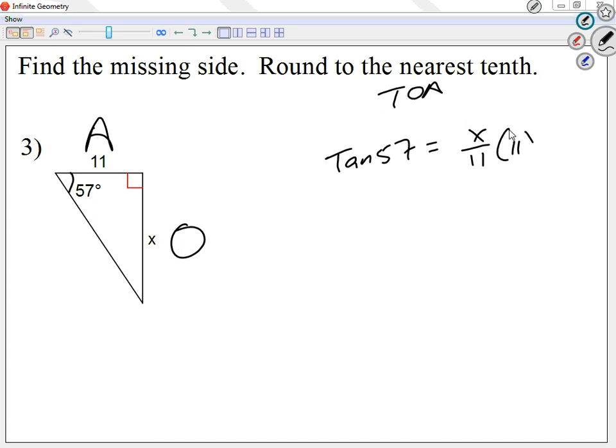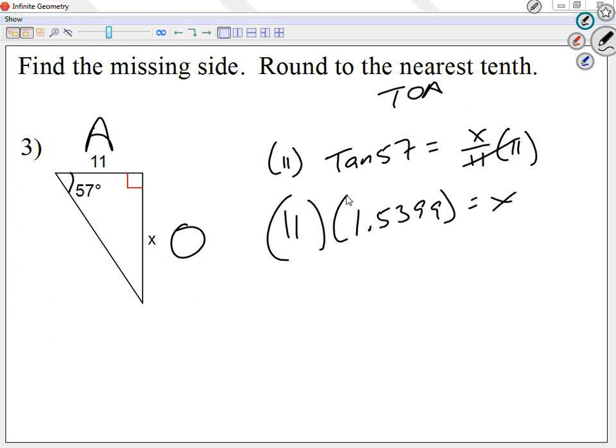To get that x by itself, let me multiply both sides by 11. So I have 11 times tangent of 57. Let me go back to my chart again, and on 57, look for tangent. That is 1.5399. So let's just multiply those two: 11 times that decimal.